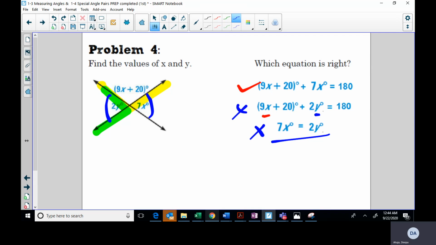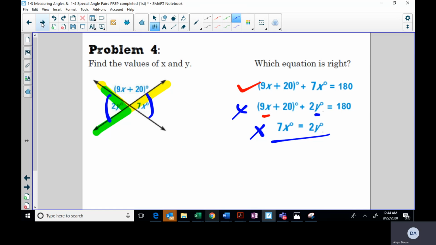The correct setup will be in one variable, that is x, which is equal to 180. After you solve for x, you can put the value of x and solve for y too, if it is asking for it.